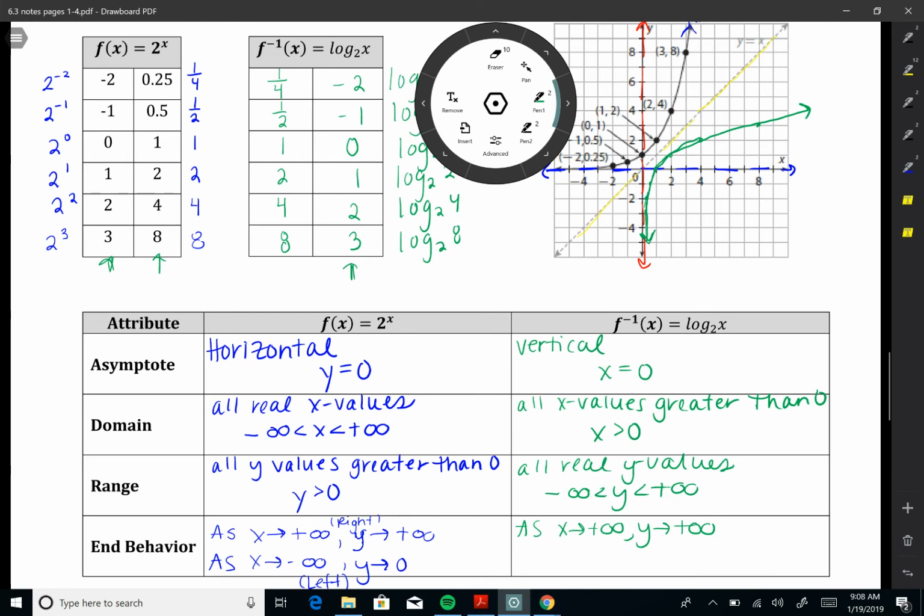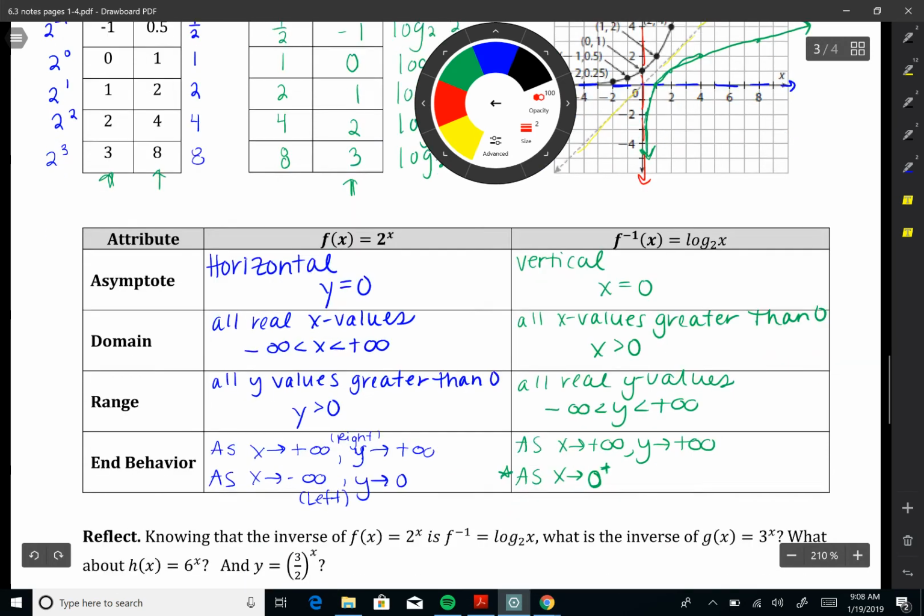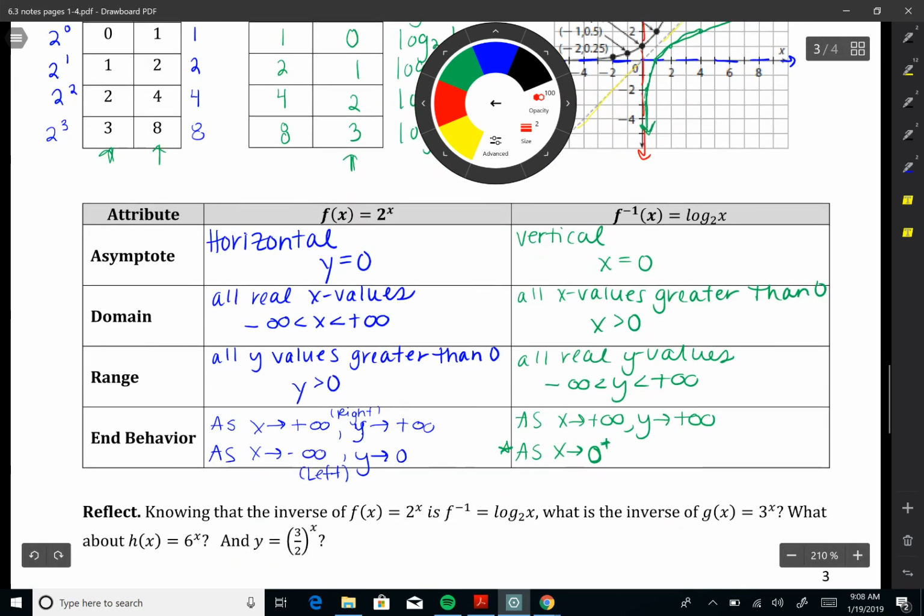But for my other end, I can't say as x approaches negative infinity, because x does not approach negative infinity. We have that asymptote at x equals 0, and it stops my x values from decreasing. So I'm going to put a star here because this is different. As x approaches 0, and then we're going to put a little plus sign as a superscript, that means from the right.